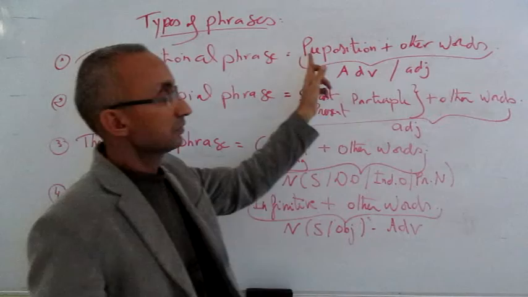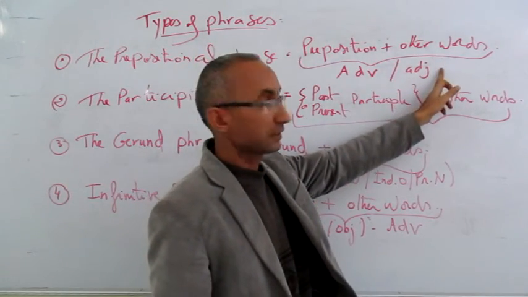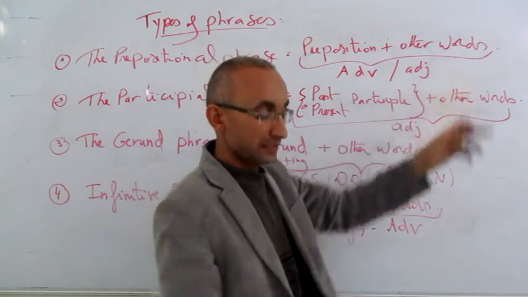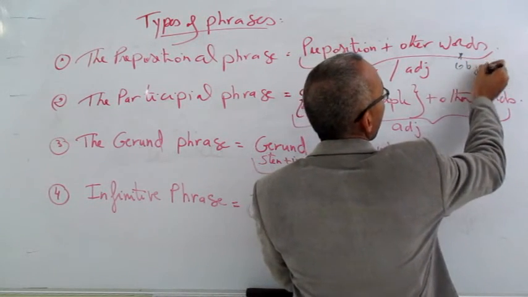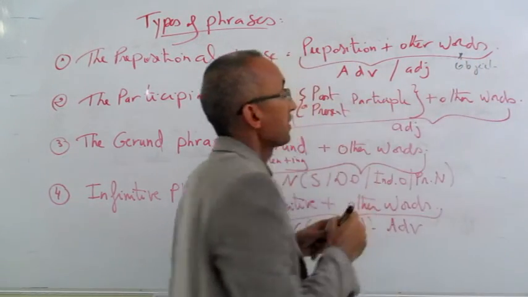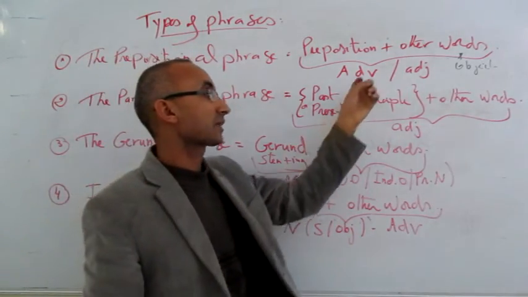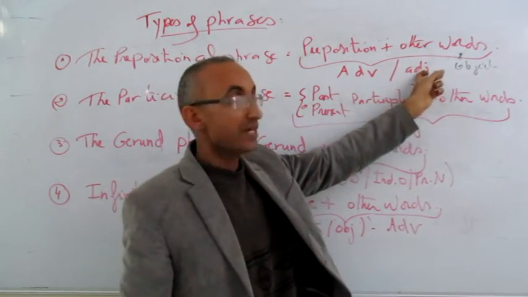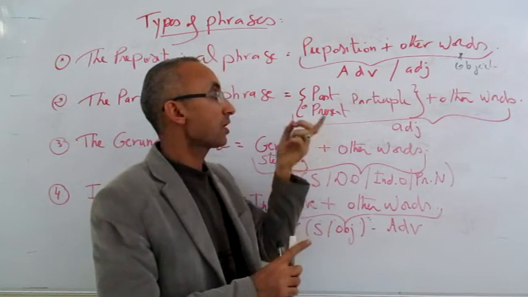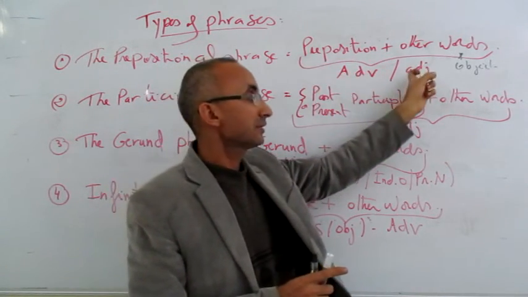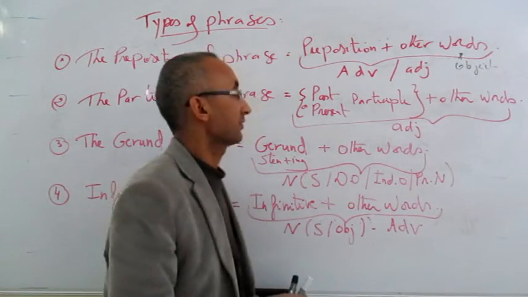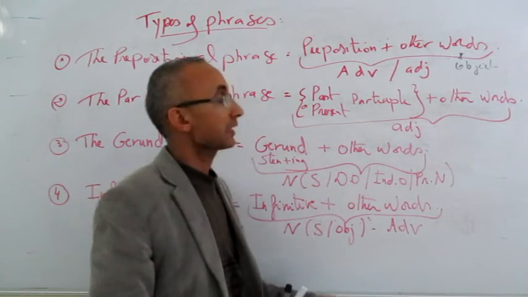It starts with a preposition plus other words, and the noun after it is called the object of the preposition. This type of phrase can act either as an adverb or adjective. If it is related to a verb, it's an adverb, and if it is related to a noun, it acts as an adjective, as we saw in our previous examples.